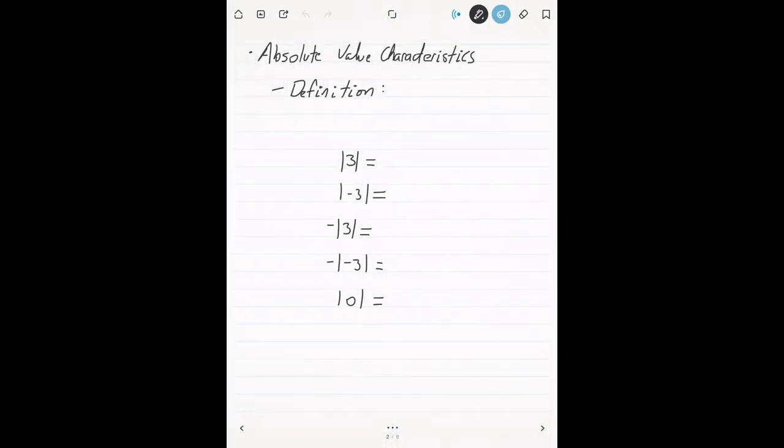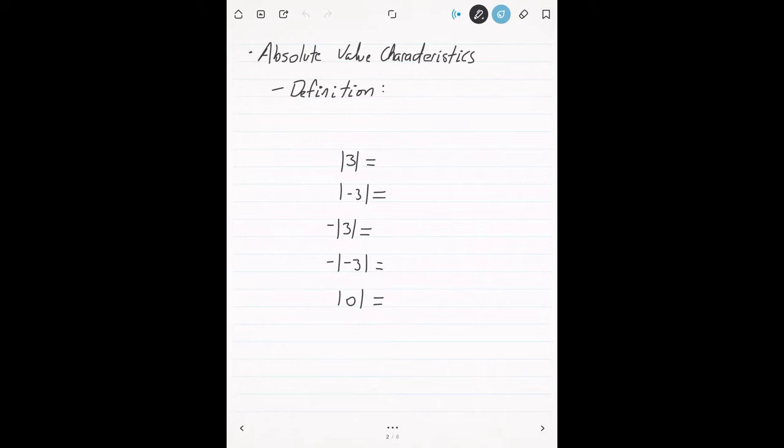Now, first, we should remind ourselves what it means to be the absolute value of a quantity. There are a couple of different definitions, and the definitions sometimes change as we work in different number systems.